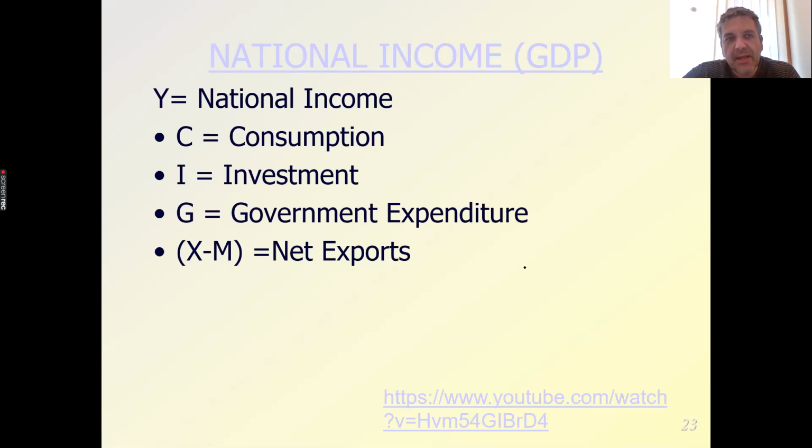And nowadays, we think about the government contracting private firms in order to produce public goods. But the government could be a big consumer of final goods and also a big investor in public investment.